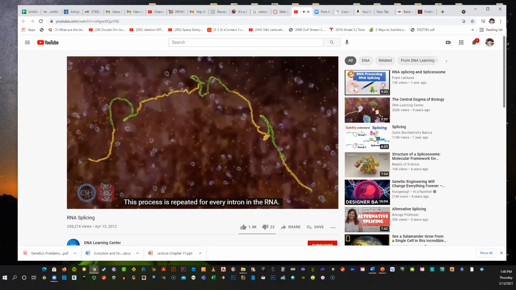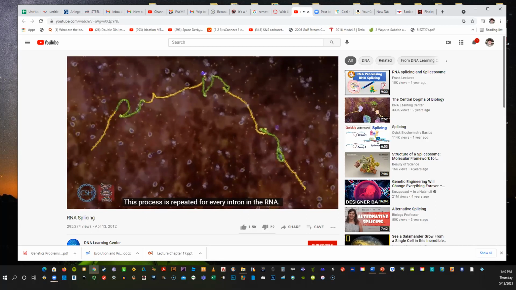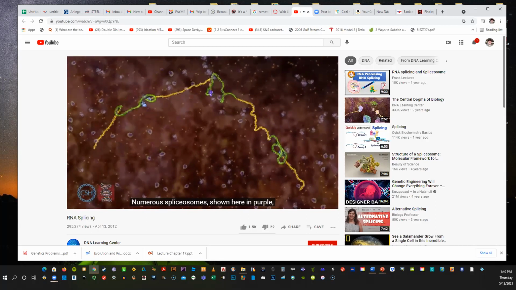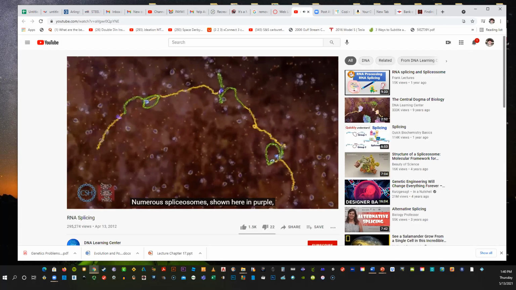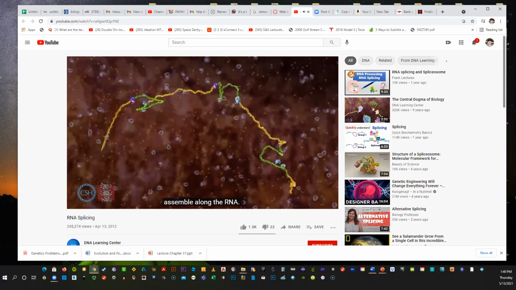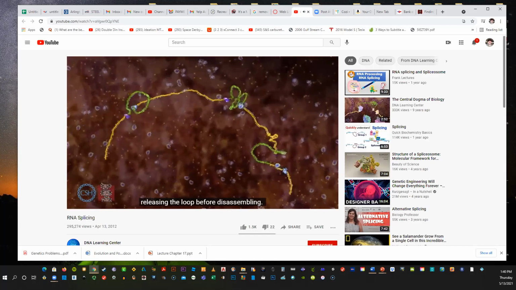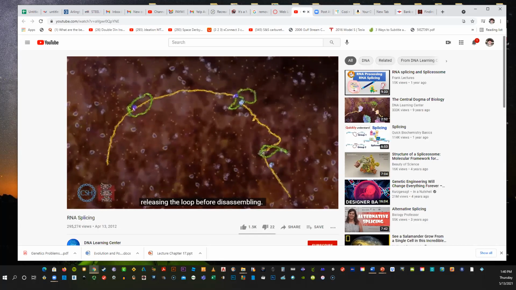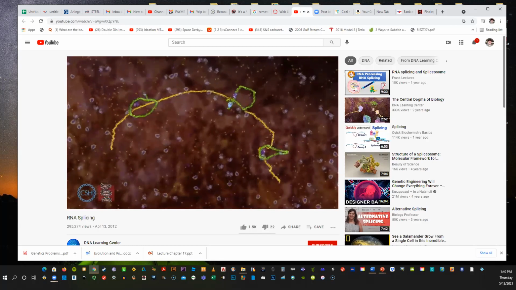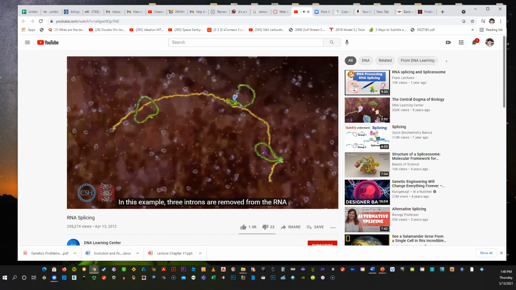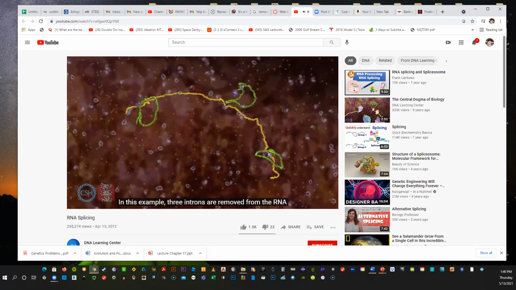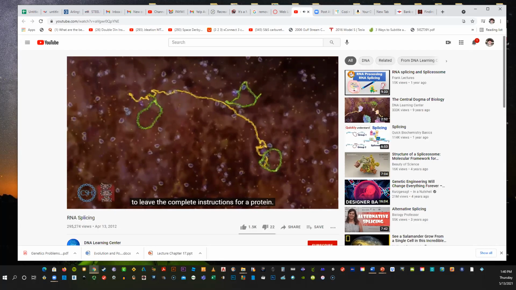This process is repeated for every intron in the RNA. Numerous spliceosomes, shown here in purple, assemble along the RNA. Each spliceosome removes 1 intron, releasing the loop before disassembling. In this example, 3 introns are removed from the RNA to leave the complete instructions for a protein.